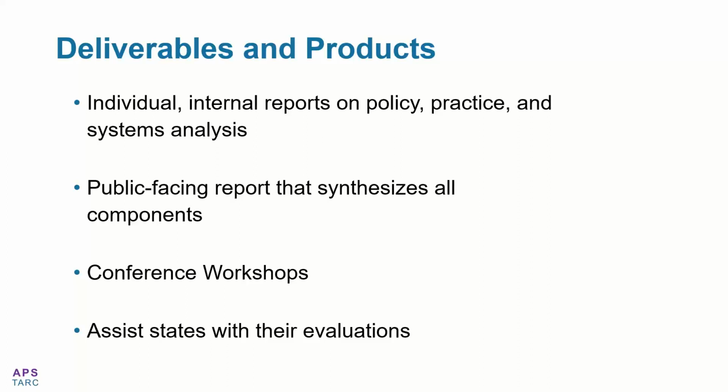If nothing else, it's going to suggest a framework to think about your program. It's going to give you kind of some baseline data for comparing your program with other programs, and we think it's going to be a great resource for those of you that are doing your own internal evaluations, or those that may be thinking about doing an internal evaluation going forward.